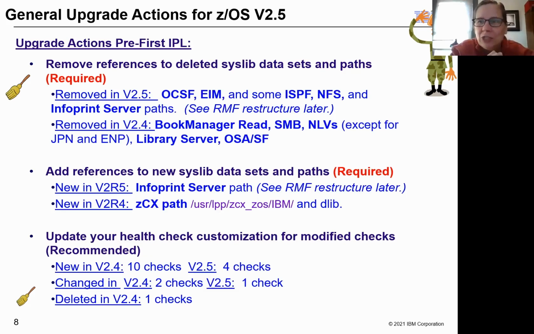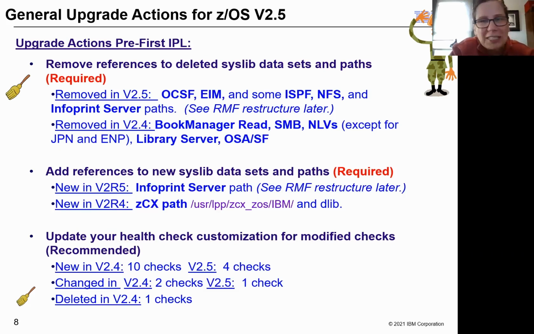That means our changes will be used instead of your changes. So if you customize the HZSPRM ParmLib member for these affected checks, we probably won't be using what you wanted. So we want you to take a look at your HZSPRM ParmLib member. In your handout for this presentation, I have a list of all the new, changed and deleted checks. So you want to take a look at that.